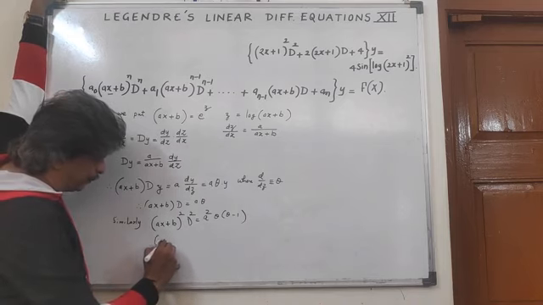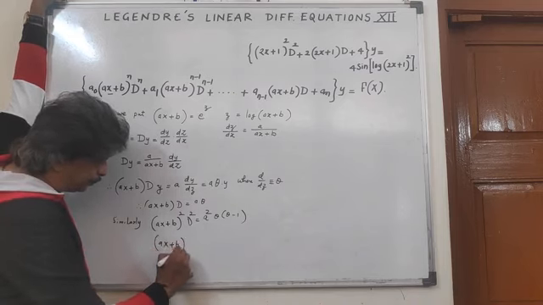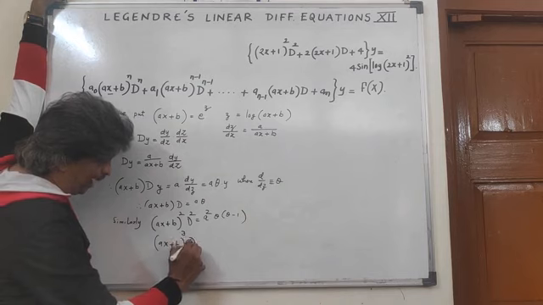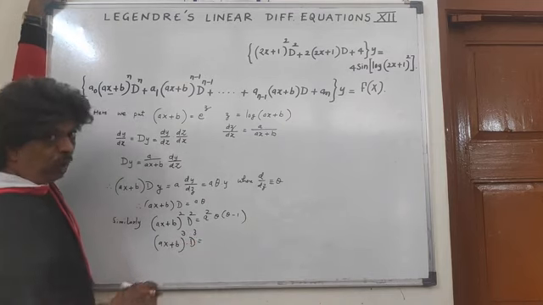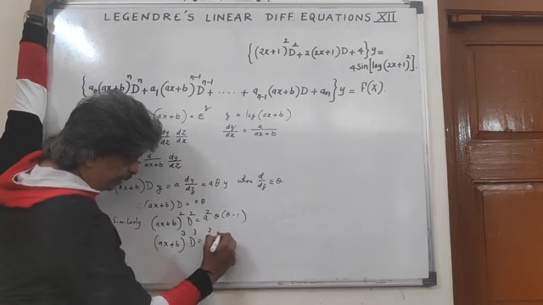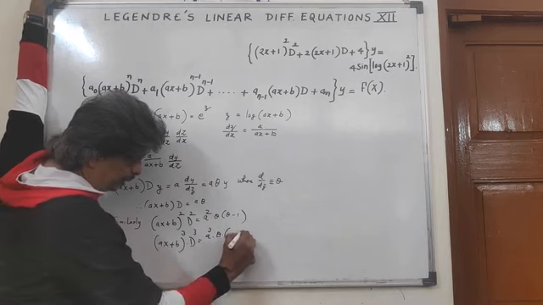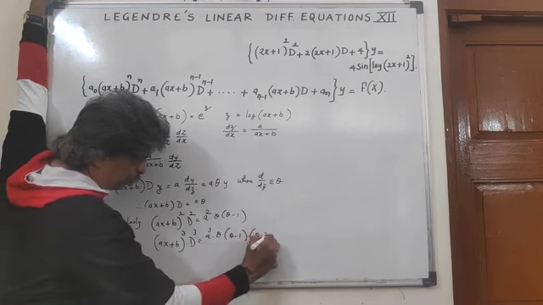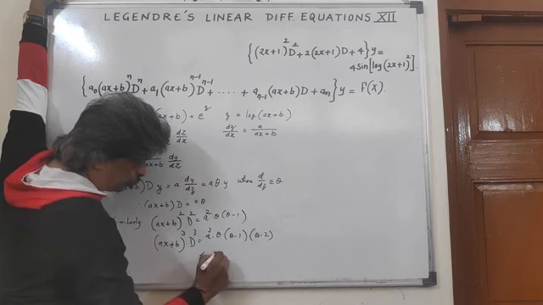Ax plus b whole cube into capital D cube would obviously be equal to a cube times theta into theta minus 1 into theta minus 2 and so on.